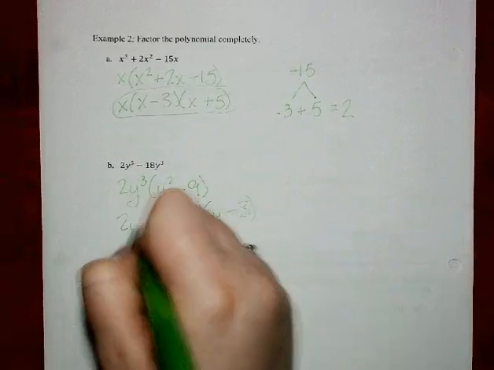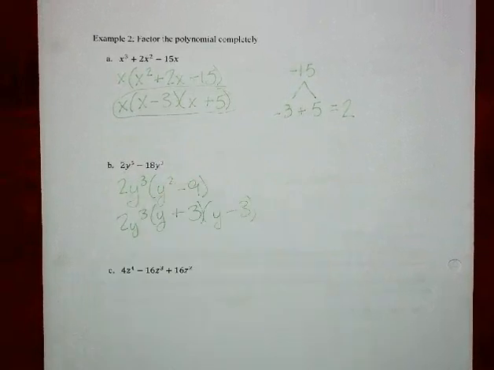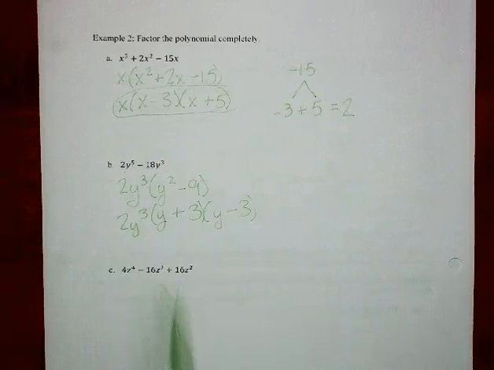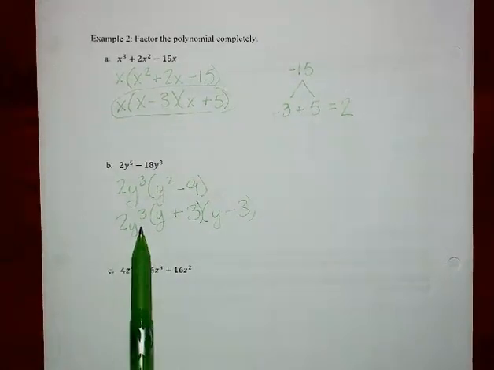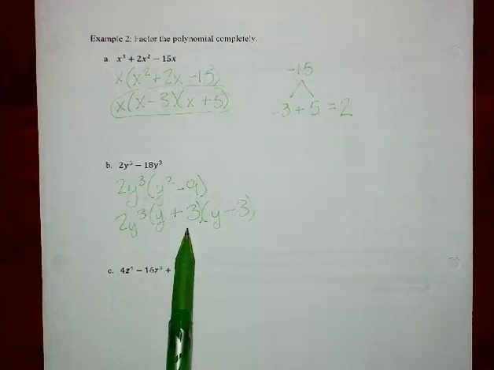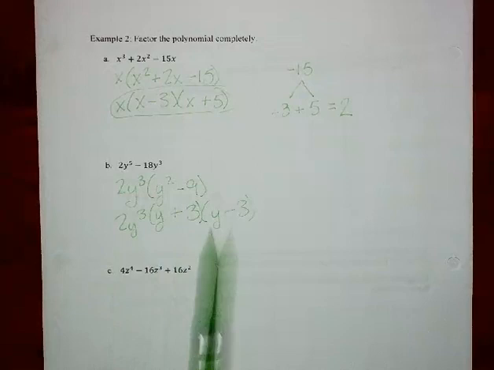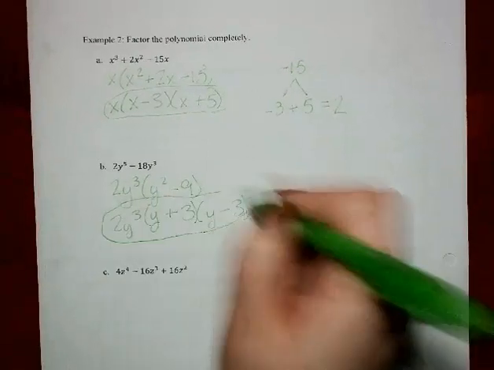That's how we factor a difference of squares. So now we look back, we brought this down. 2y to the third still can't be factored anymore. Y plus 3 can't be factored anymore, and y minus 3 can't be factored anymore. So we are done.